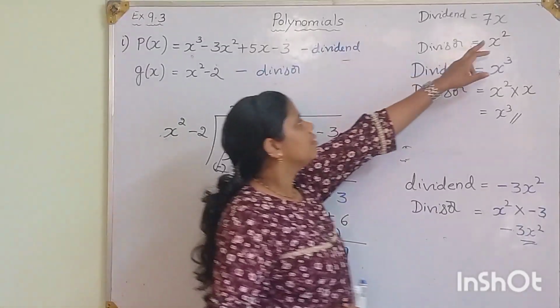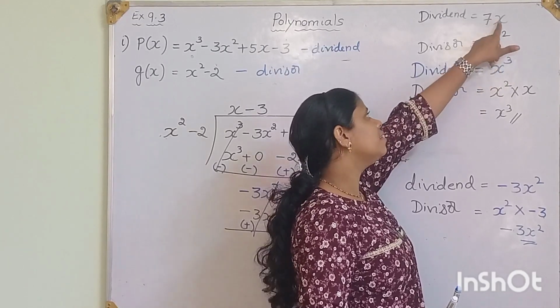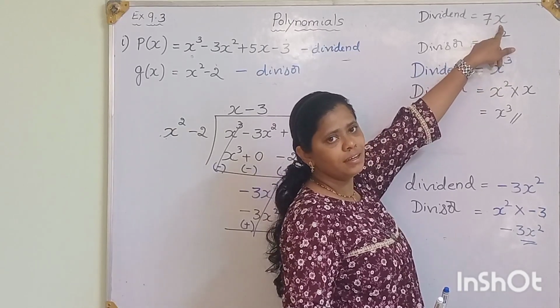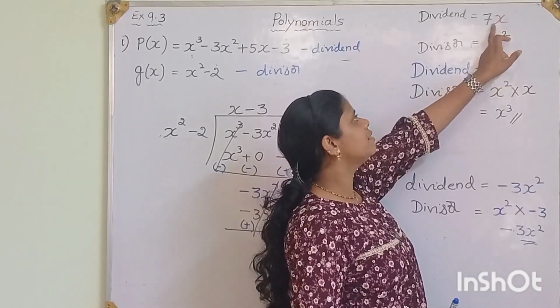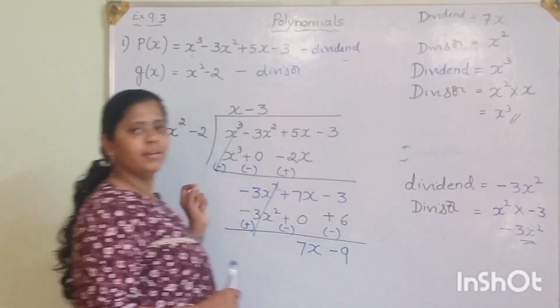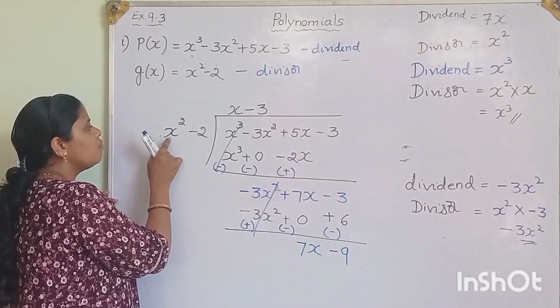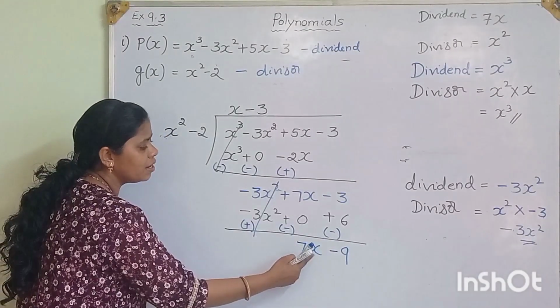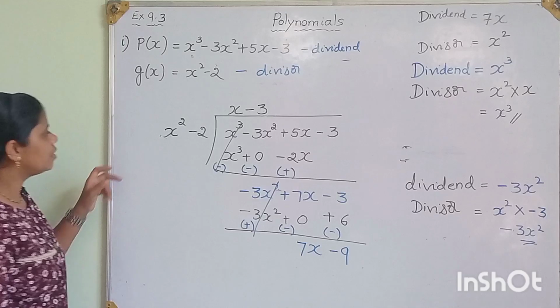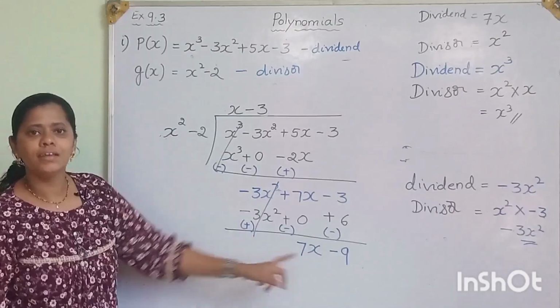Now look at this. The degree of the divisor is greater than the degree of the dividend, so we cannot multiply anything to get this as the answer. Let me repeat this. X square is there, but here only x.